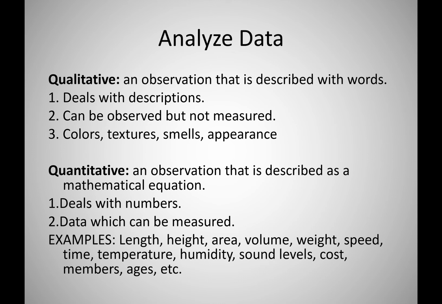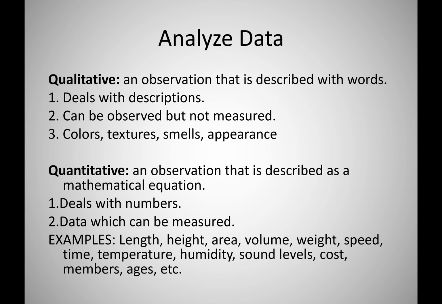Analyze. Quantitative means numbers. Qualitative means what did I see? So qualitative is an observation that is described with words. One, deals with descriptions. Two, can be observed but not measured.